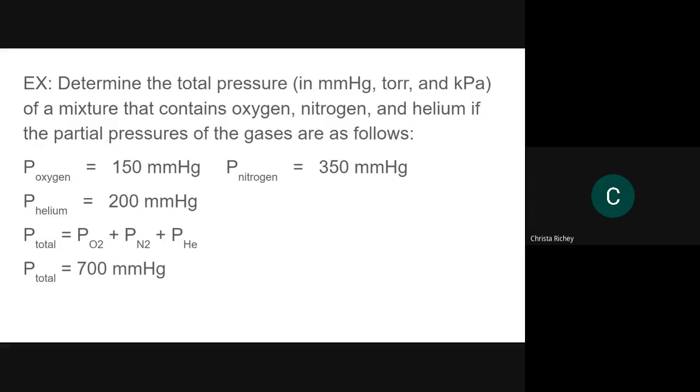So that would change it into the other two, because I just now noticed that it says it up there and I didn't do it on the screen. But you do have some questions at the bottom that are just convert whatever the starting pressure is into the other ones. And like I said, you're getting these conversion factors from right above the picture of the barometer on the other side.